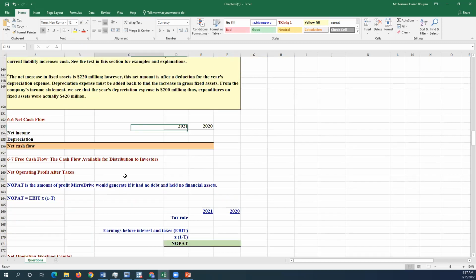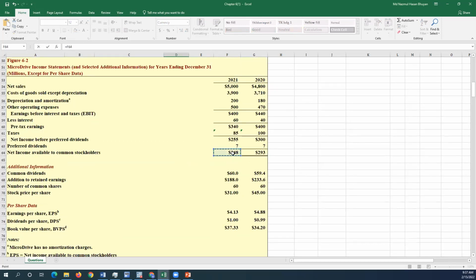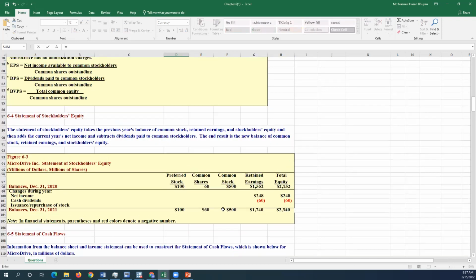Now let us calculate net cash flow. So net cash flow is the sum of net income and depreciation. So let us first include net income and then depreciation.